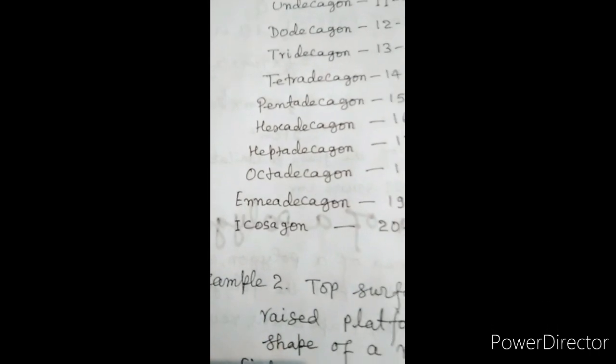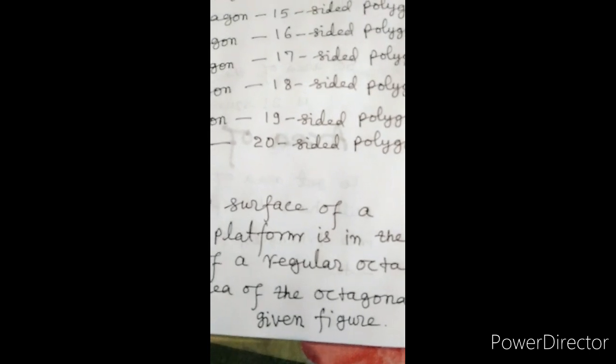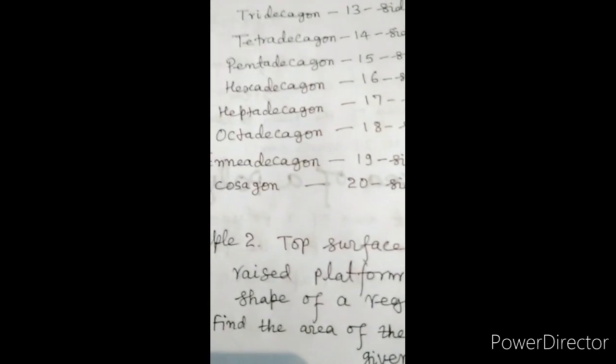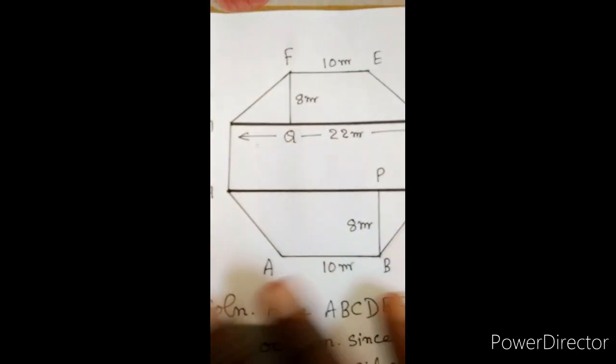Now take an example to find its area. Question is like this: top surface of a raised platform is in the shape of a regular octagon. Find the area of the octagonal given figure. Figure is already given. Its shape is octagonal like this.